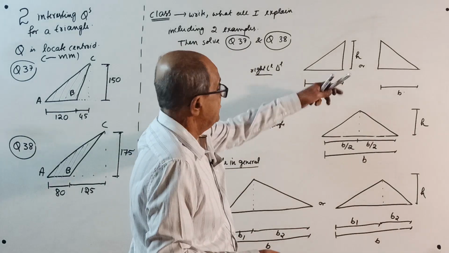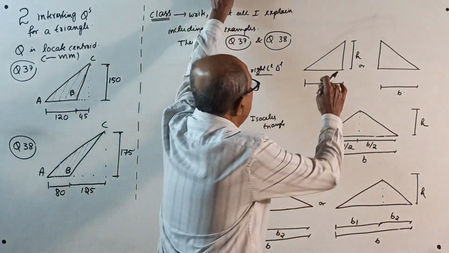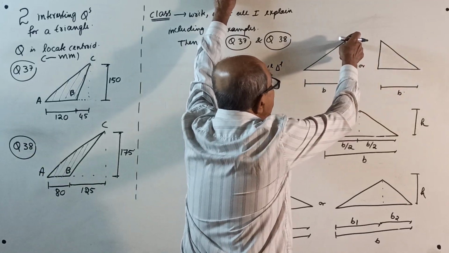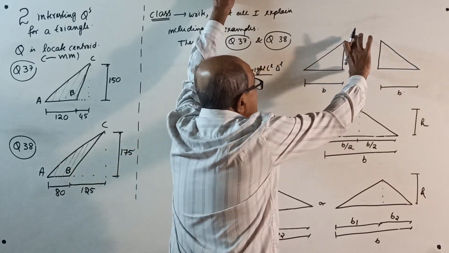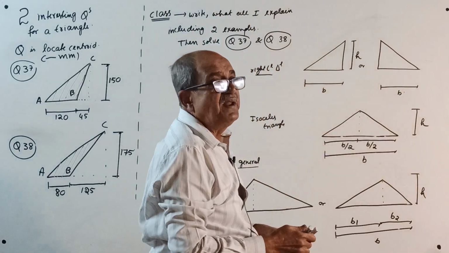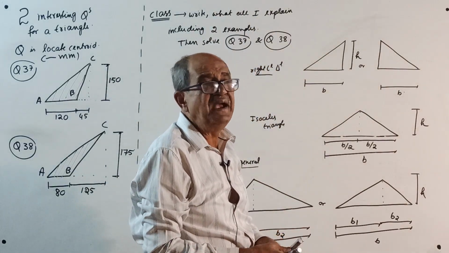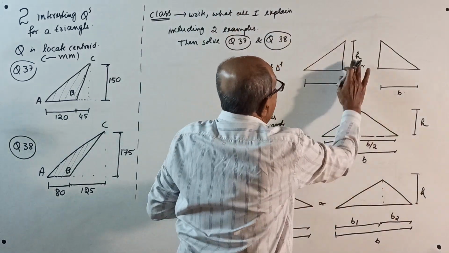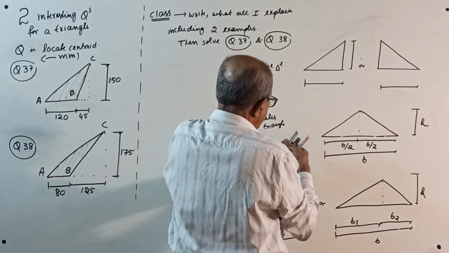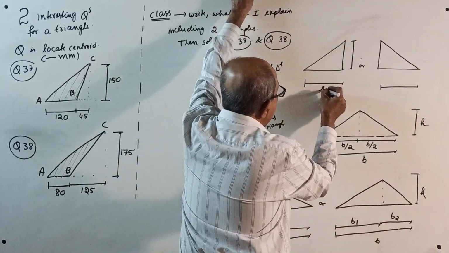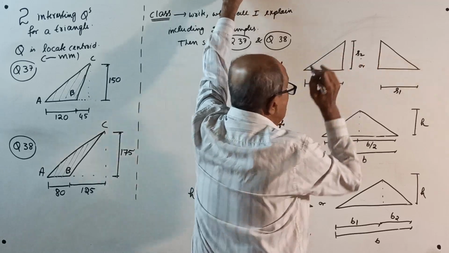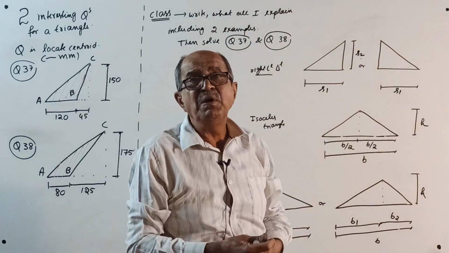Now, see. Here I told centroid: if this is the base, this is the height, or if this is the height, this is the base, you can take either. If you remember, I did not say base and height there; I took this as S1 and the height as S2. To understand correctly, I never wrote base and height.